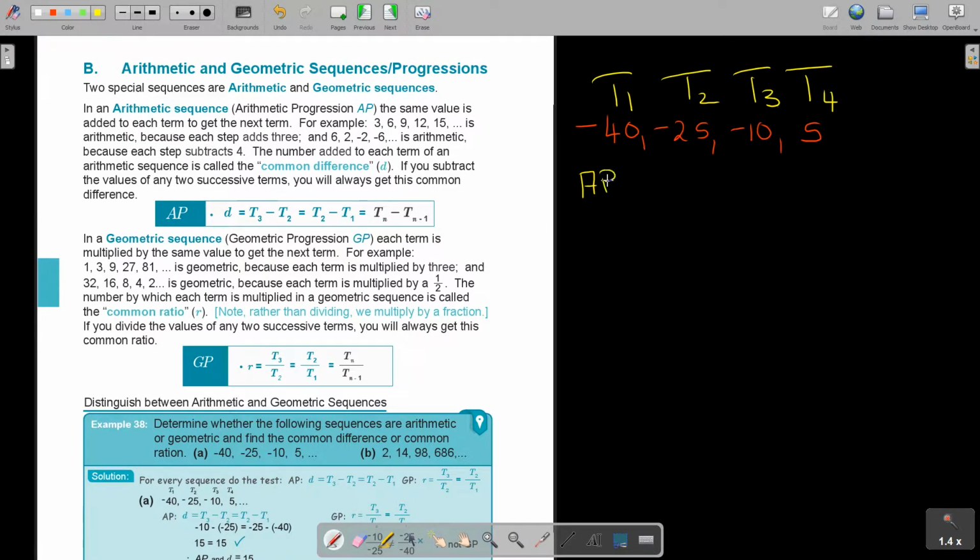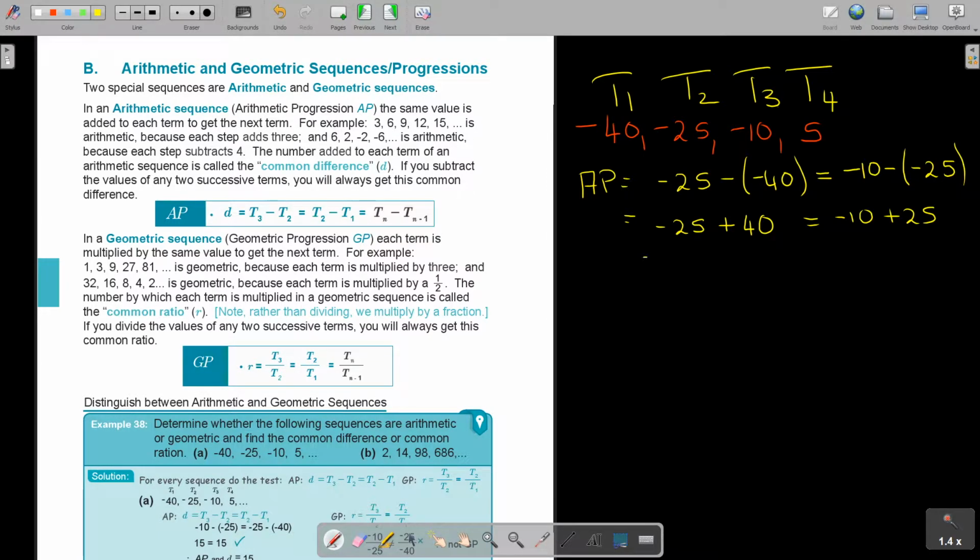Is it an AP? So if you say negative 25, and please put your brackets, otherwise you're going to get confused, is that equal to negative 10 minus negative 25? That will give negative 25 plus 40. Is that equal to negative 10 plus 25? And if I look at this, this 15 will be equal to that 15.